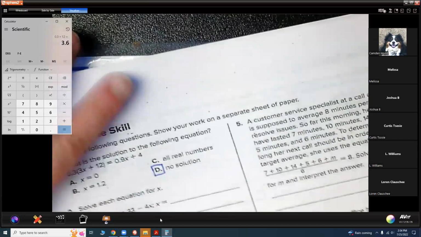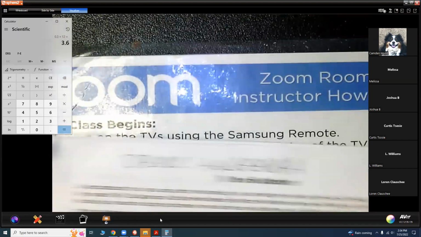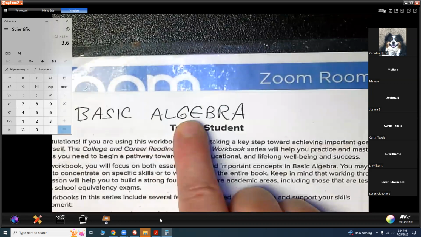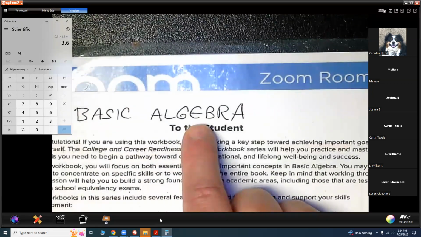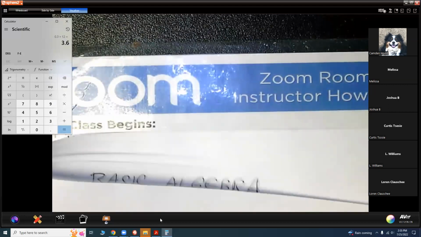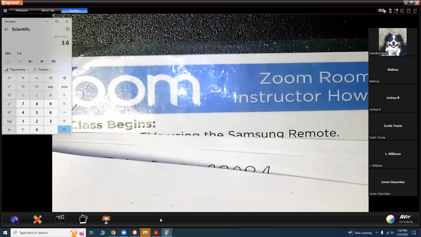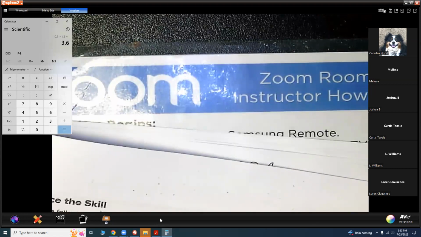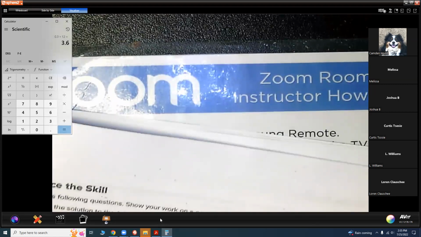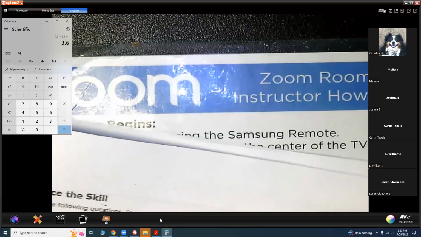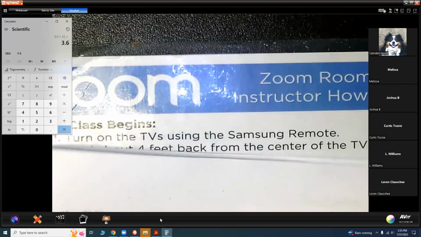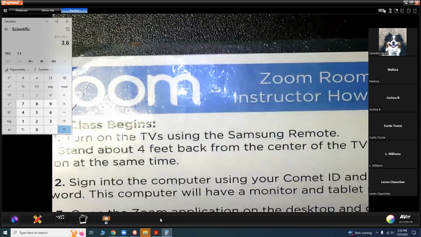I'm thoroughly confused. I must have mixed up my papers. Yeah, this is the front page. You have this, right? Yes. And it's about the front of the 10th page.